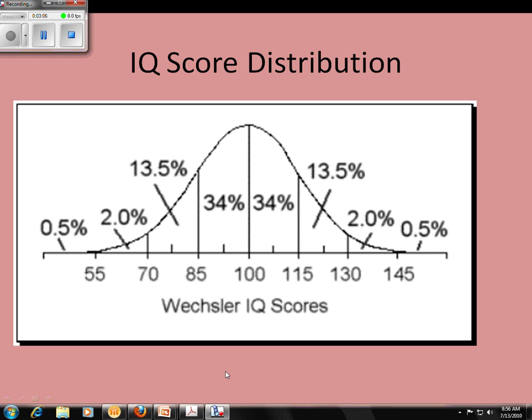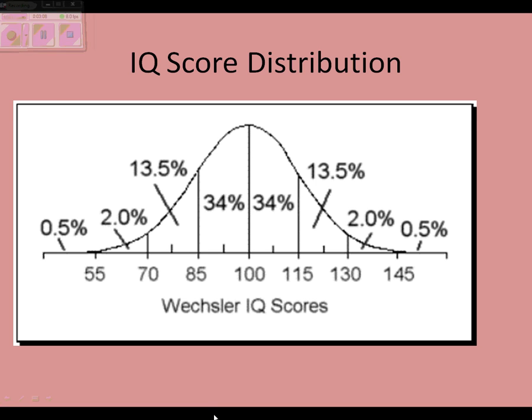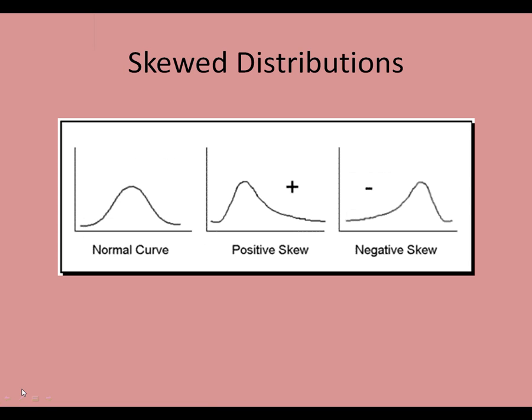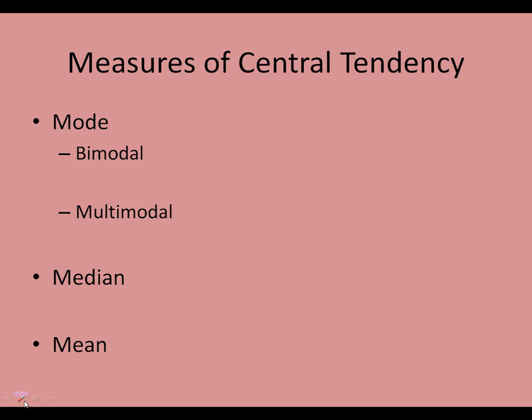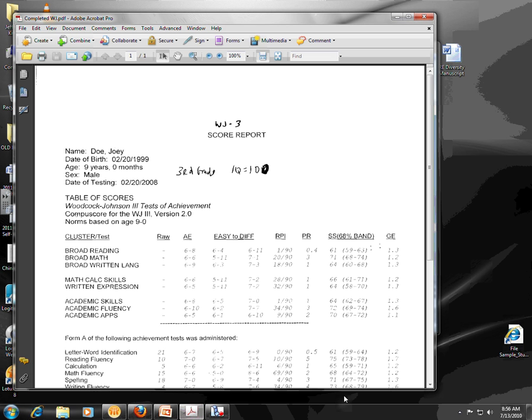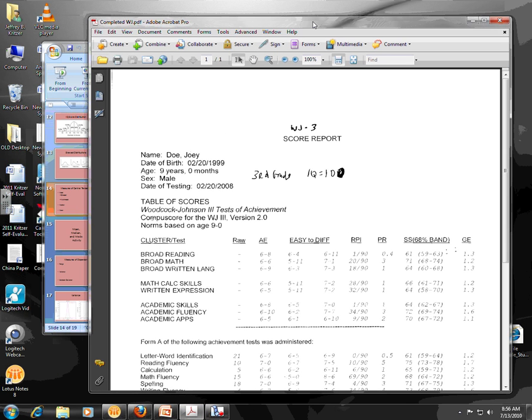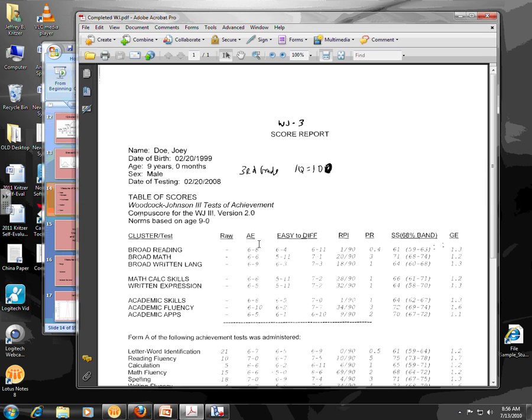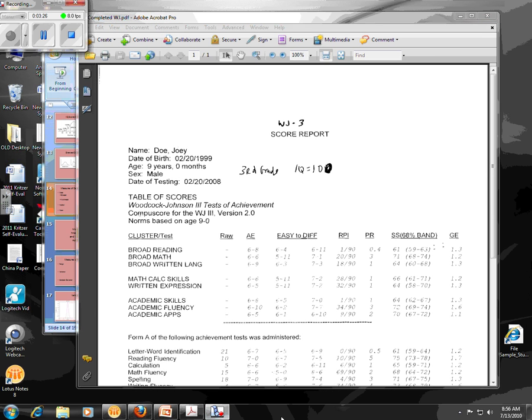Now take a look at this Woodcock-Johnson profile, as soon as I can pull it up on the screen. Here we go. The Woodcock has three areas that we look at to determine eligibility: broad reading, broad math, and broad written language.